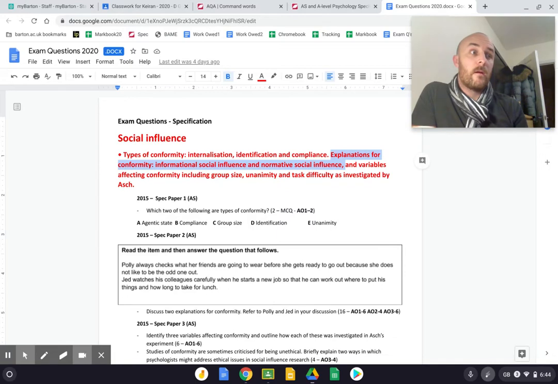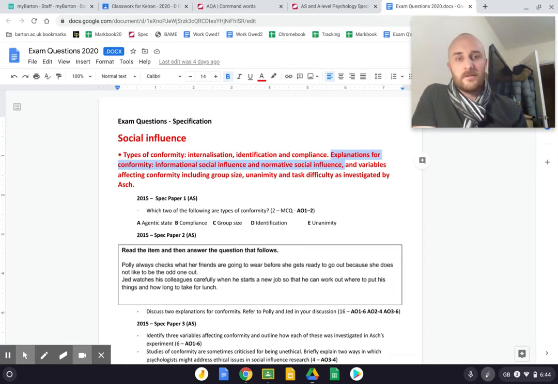So approval. People conform for approval. People conform because some people deem their peers to be intellectually superior. So again, that's a good term that you could use, and that's all to do with informational social influence, for example. So the key thing about AO1 is you have to know the terms.